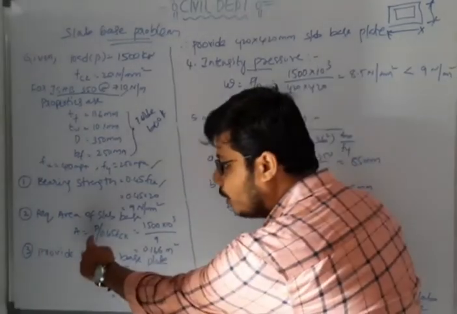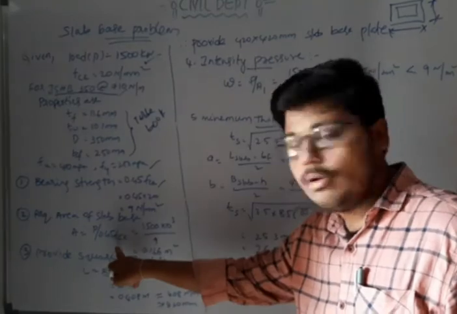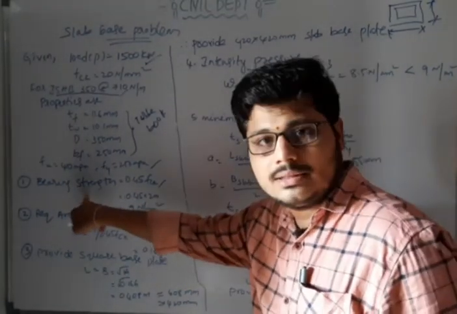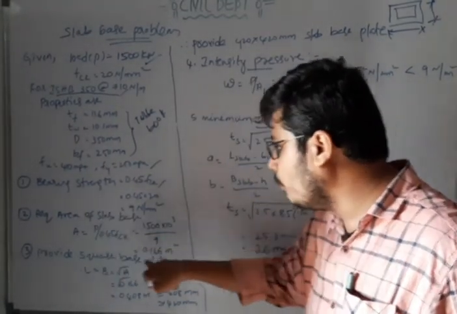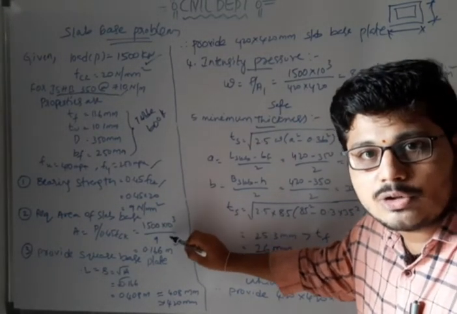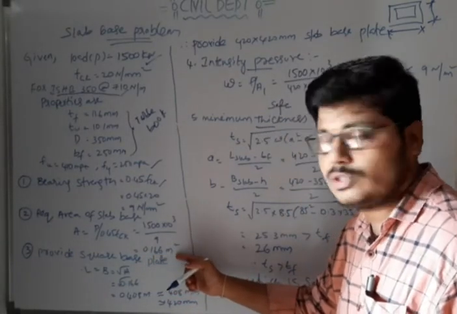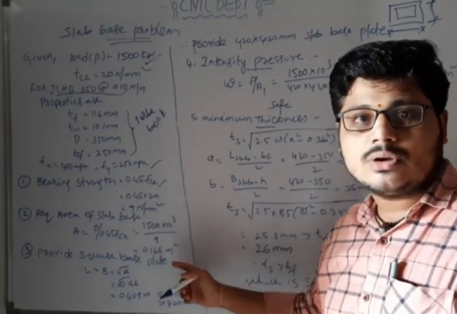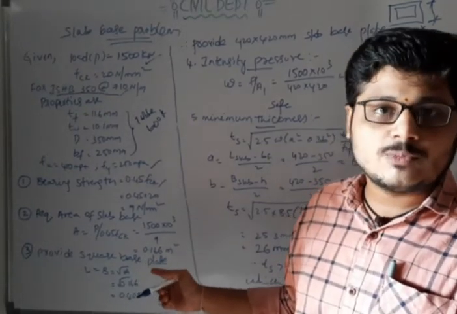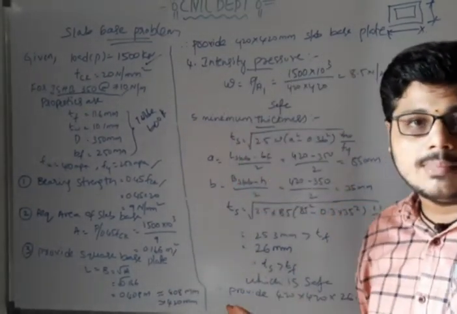The load P is already given, 1500 kilonewtons. 0.45 fck is nothing but the bearing strength. So P by 0.45 fck is 1500 into 10 cube by 9. We get the value of 0.166 meter square. We can convert 0.166 meter square into 166 mm square also, no problem. So keep the values in meter or mm.